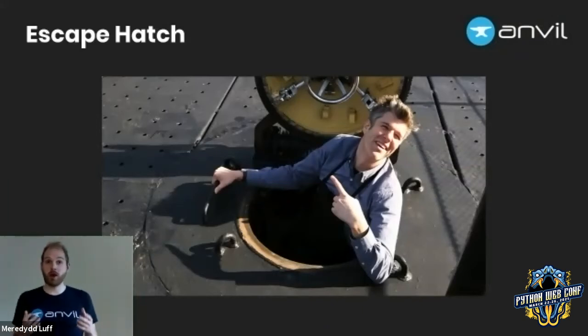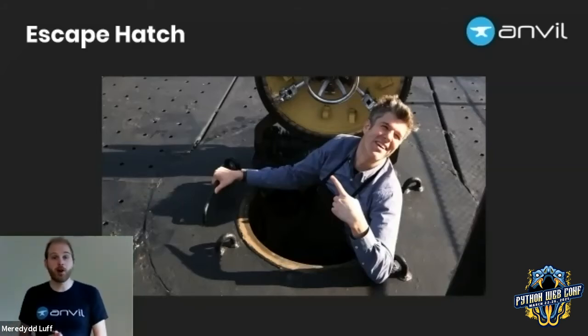And now you can write your numerical code in C, escape the abstraction, climb out of your escape hatch, do what you need to do, and then climb right back in and write the rest of your code in Python. This is how all the libraries you probably thought of when I said numerical programming work. That's how NumPy and SciPy and TensorFlow and PyTorch all work.